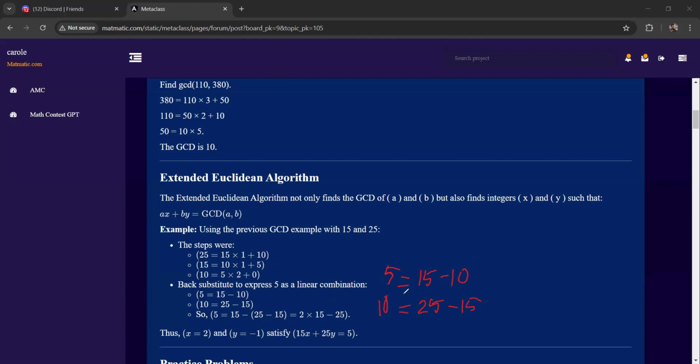So essentially here, we can put this all into an equation, which gives us 5 equals 15 minus (25 minus 15), which is 10, which is equal to 2 times 15 minus 25.